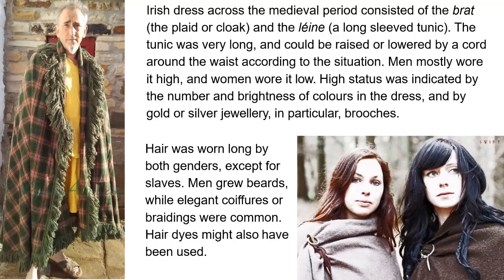High status was indicated by the number and the brightness of the colors in the items of clothing. So if you see this modern day picture of the man on the left there, you can see that he has a relatively brightly colored cloak, and if he was a king or something, it'd be really bright and shiny.